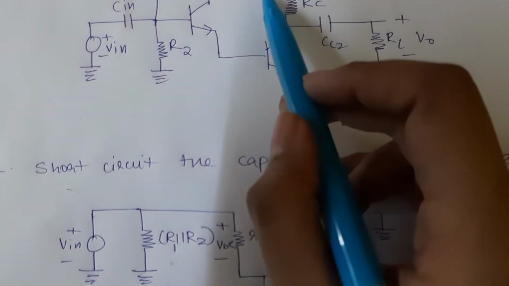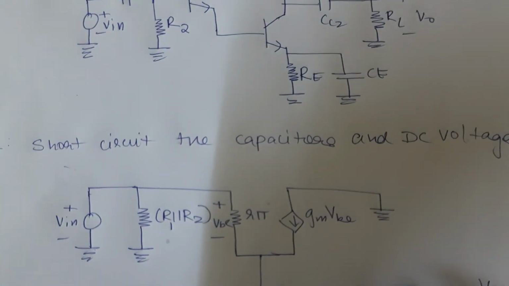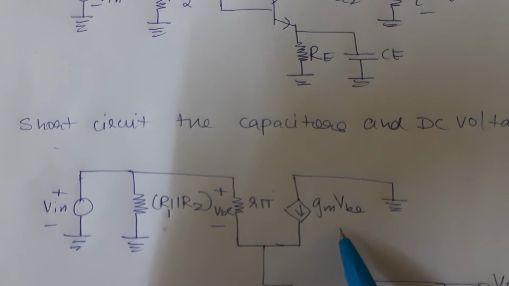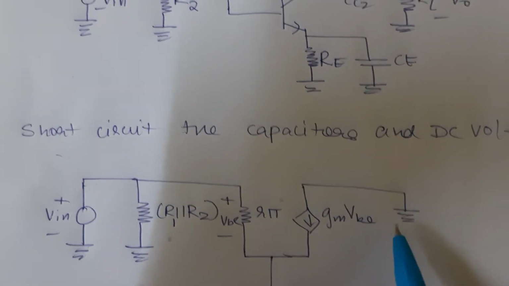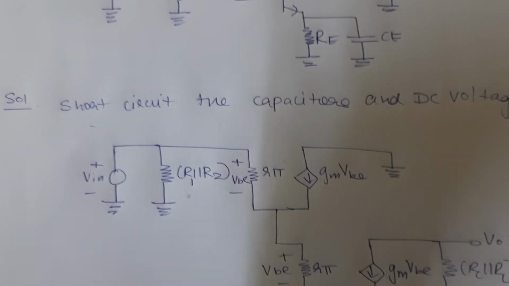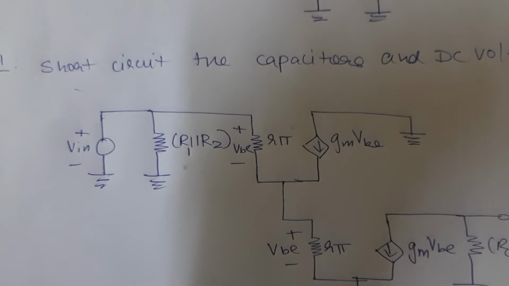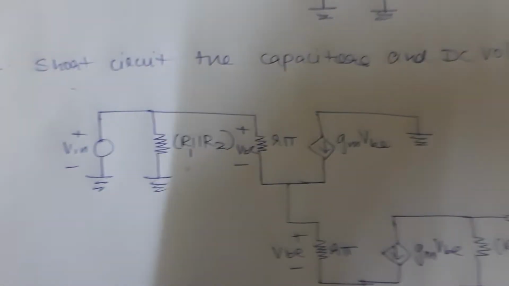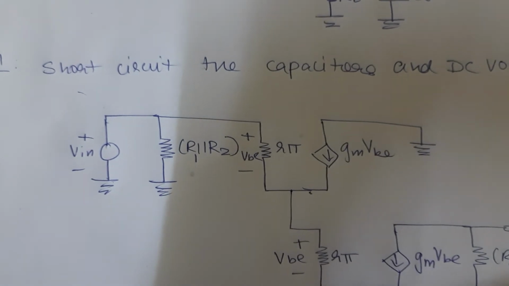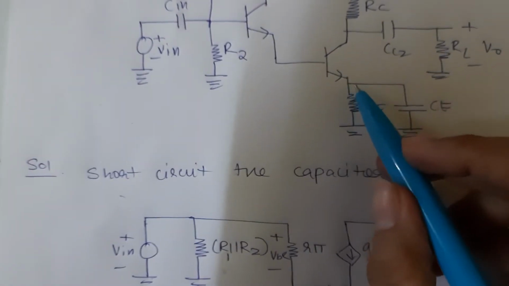Now I will replace the first transistor with its equivalent in the pi model as R pi, Gm into VBE, and which is connected to the ground, as collector is also grounded. The voltage across R pi will be VBE. Now the emitter of the first transistor is now connected to the base of the second one.